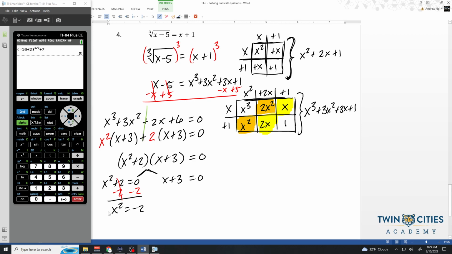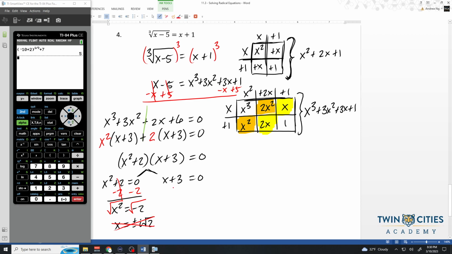And if I were to take the square root to solve for x, I would get x is equal to the square root of negative 2, which would be plus or minus i root 2. This is imaginary, which means that it wouldn't be a real solution. So I can immediately say, this is not what I'm looking for.